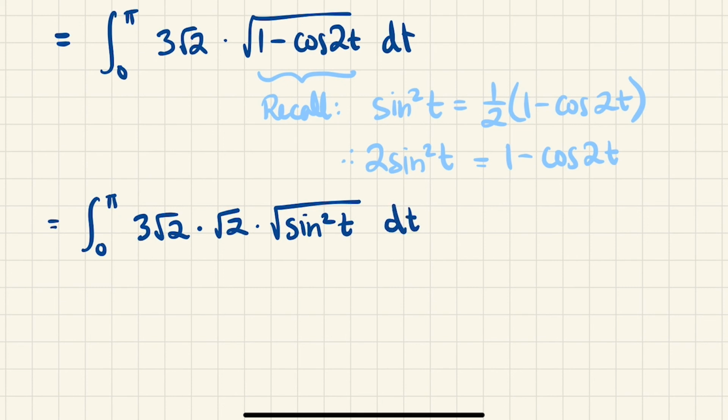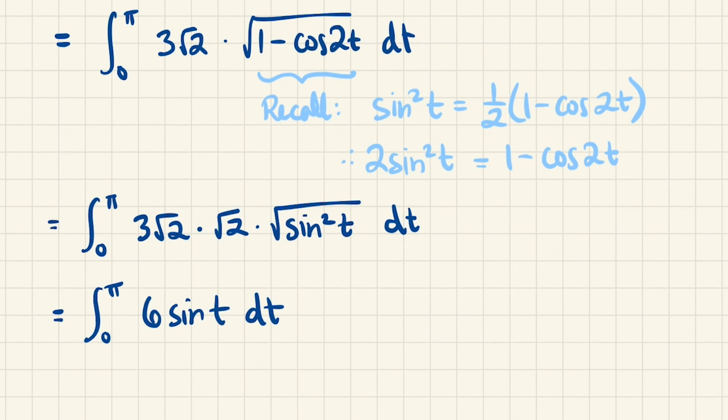Okay, but between 0 and pi, which is the first and second quadrant, sine is positive, so the square root of sine squared is just sine. Also, rad 2 times rad 2 is 2, so 3 times 2 is 6. So we have 6 sine of t dt.